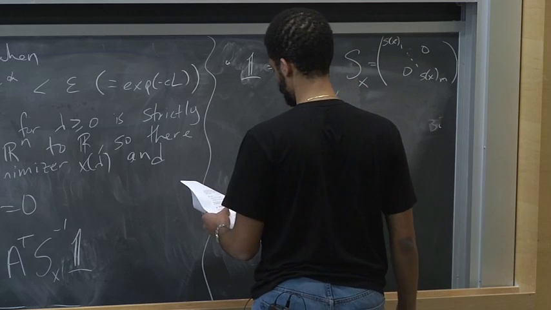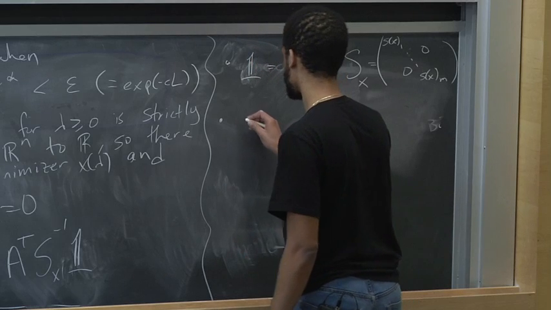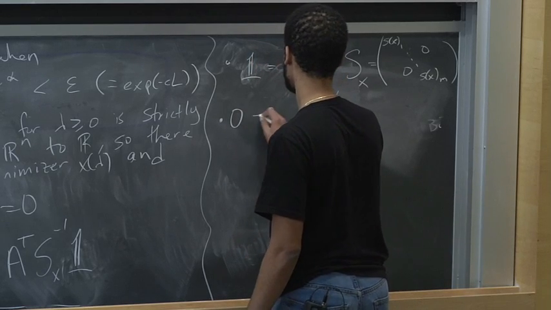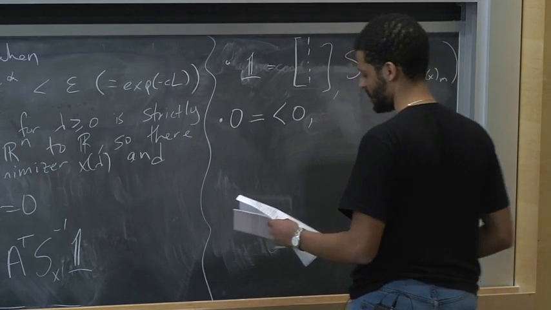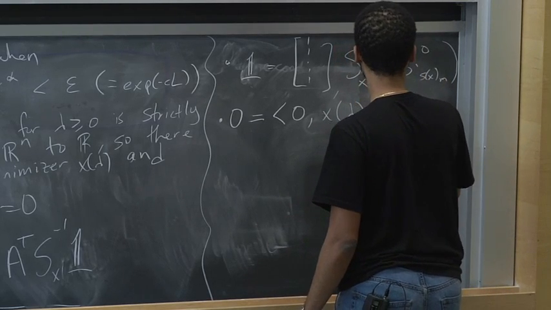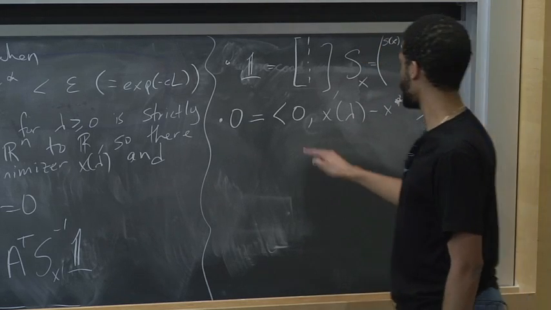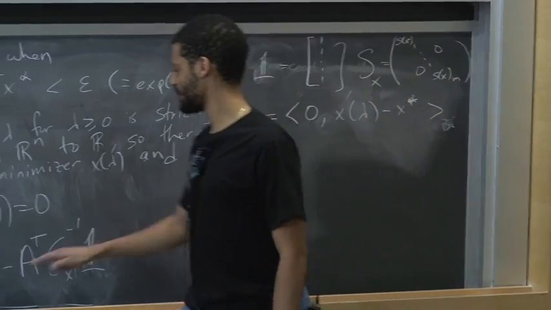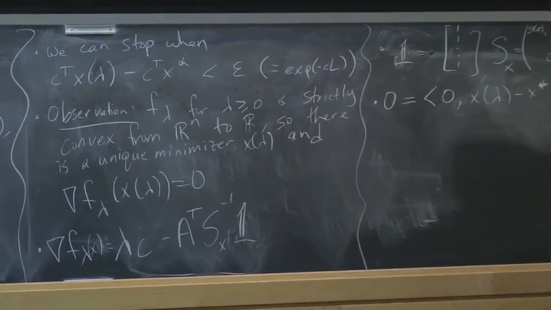So what do we have here? Well, 0 is equal to 0 dotted with x lambda minus x star. And now I will replace this 0 with the gradient at x of lambda, because the gradient at x of lambda is 0.